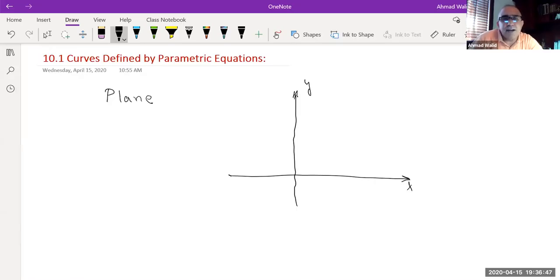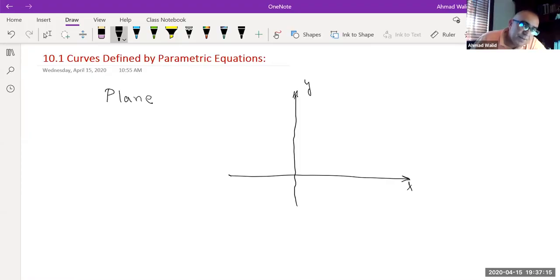When I'm using the word plane after this, it doesn't mean airplane. I'm not flying anywhere, right? We are in quarantine. Plane in mathematics here means a surface, two dimensions, x and y. We are talking about some curves that you cannot even define as a function.